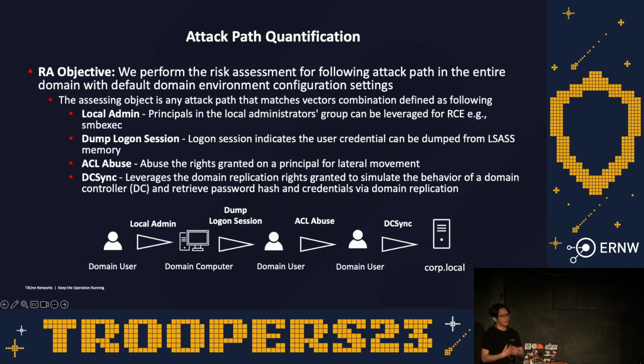Next to the local admin will be the logon session, and it happens to have a user who has an abusable ACL privilege and allows the attacker to perform the DC sync on the compromised account. So this attack path will assess 4 attack vectors, from the domain users with a local admin to the DC sync permission to the domain at the end of it.